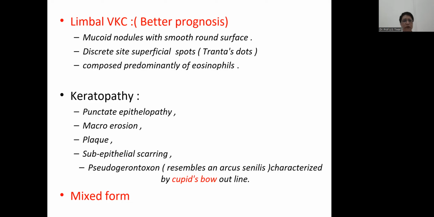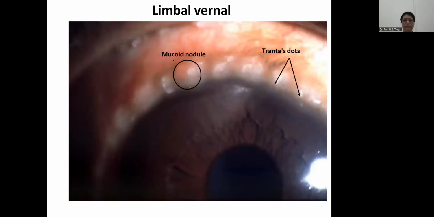It is what is called punctate epitheliopathy, macroerosions, plaque, subepithelial scarring, and pseudogerontoxon. Pseudogerontoxon resembles arcus and is characterized by a cupid's bow outline. There can occur a mixed form where you can see the palpebral and the limbal varieties together.